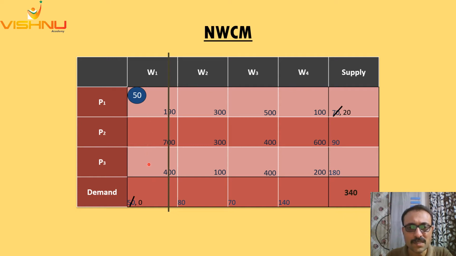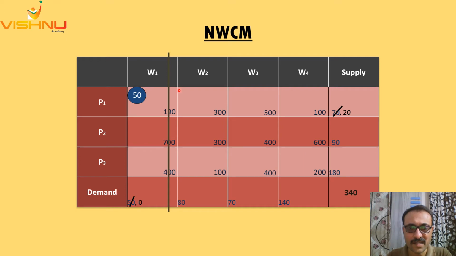So these 2 cells become useless from the future transportation point of view. And this cell has already been transported to. So in a way, all these 3 cells are already tackled, and that completes the column. So we just ignore this particular column so that we don't even consider it even by mistake, right?